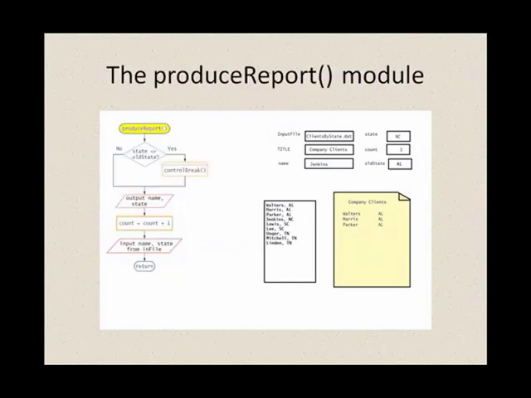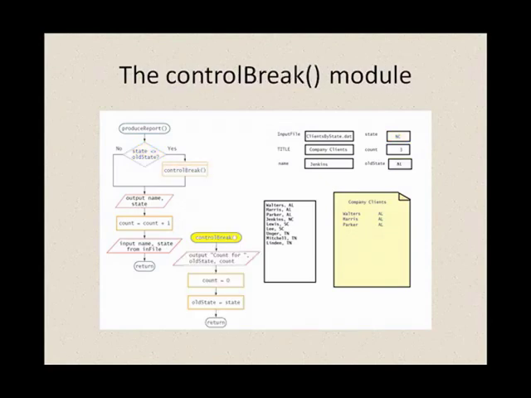Now in the produceReport module, when you compare state to old state, they are not equal. The current state is North Carolina, but the old state is Alabama. So it's time to perform the control break module. In the control break module, you output the count for Alabama. The old state count is 3.